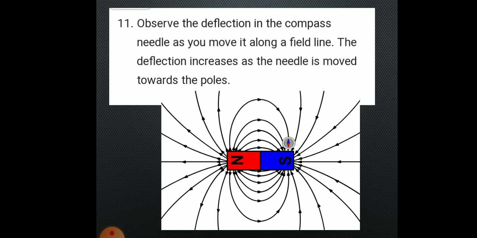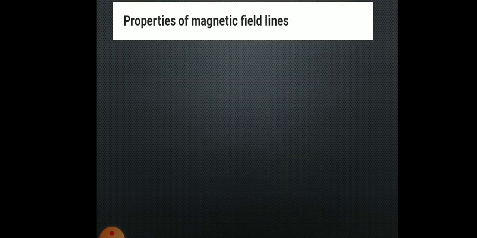Okay. So next, you have observed the magnetic field lines. Now, what properties did you observe in these magnetic field lines? You have observed that it has a direction and also it has a magnitude. That means the magnitude of the magnetic force was greater nearer to the poles and less far away.